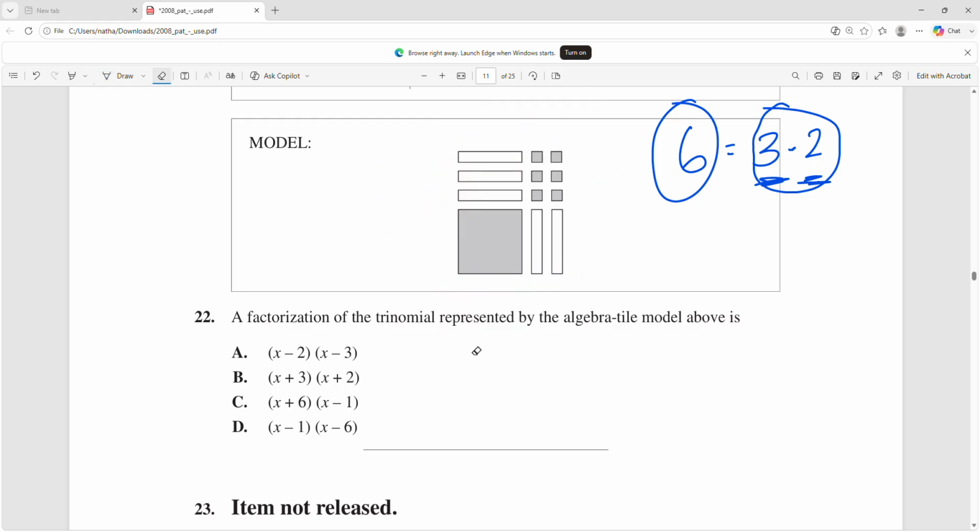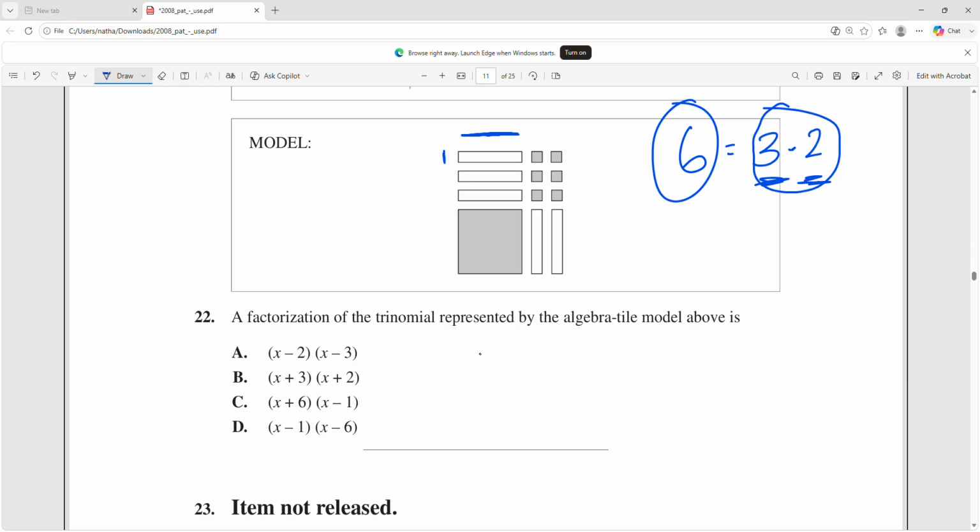If I look on this side, remember the long rectangles represent variables. So this would be my, in this case, negative, right? Because they said that, okay, so we have something times something here that would have to give us this guy.